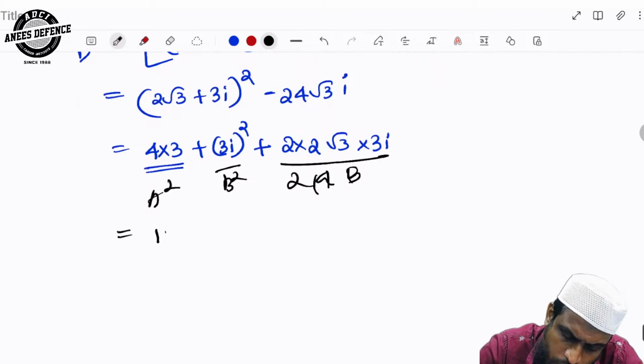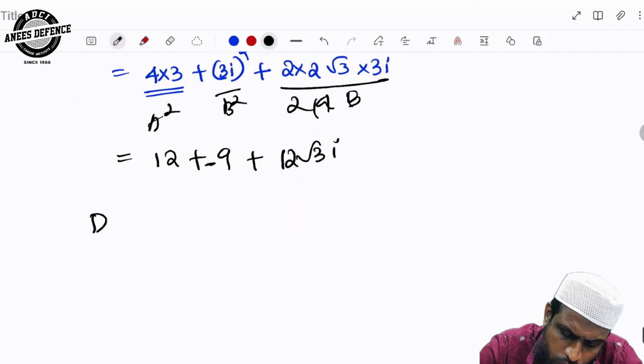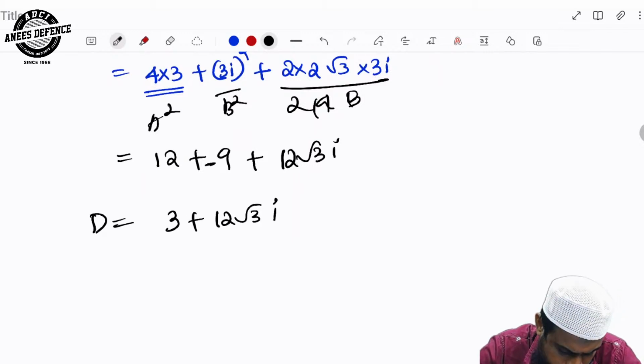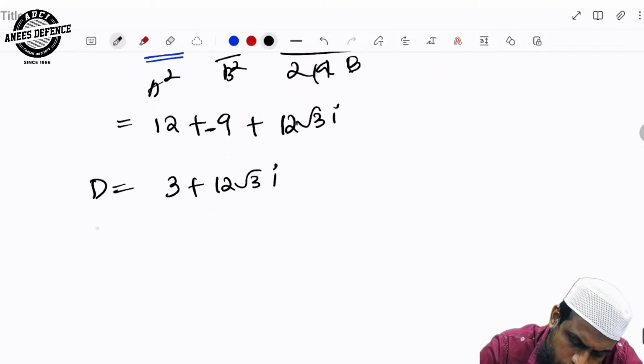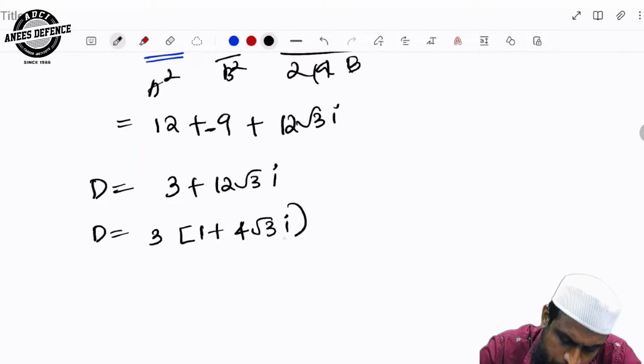So 4 into 3, 12 plus 3i square. 3 square is 9, i square is minus 1, so the answer will be minus 9 plus 2 into 2, 4, 4 into 3, 12 root 3i. So 12 minus 9, d equal to 3 plus 12 root 3i. So d equal to 3 into 1 plus 4 root 3i.